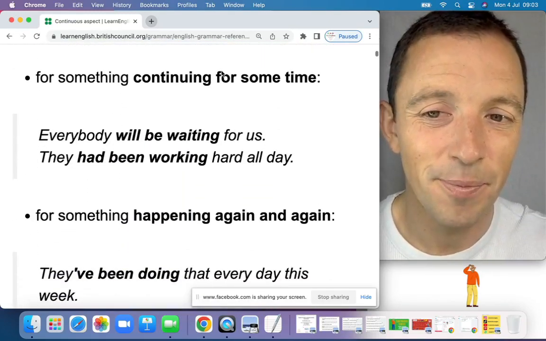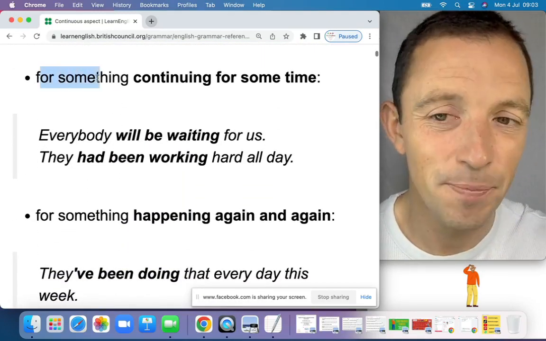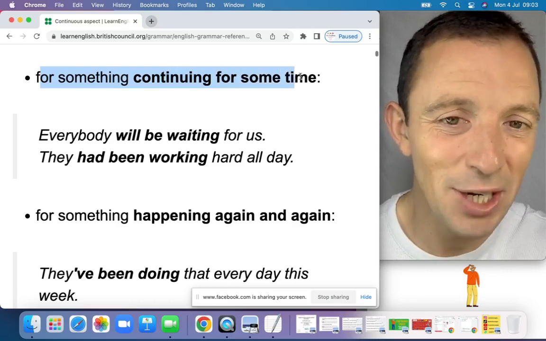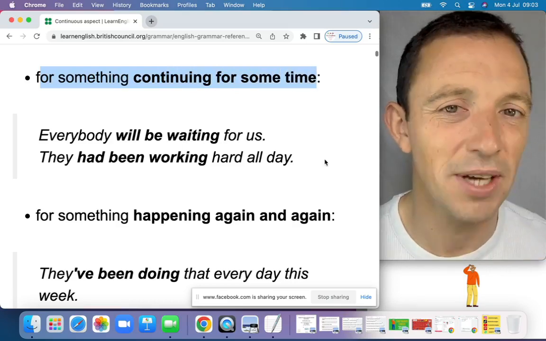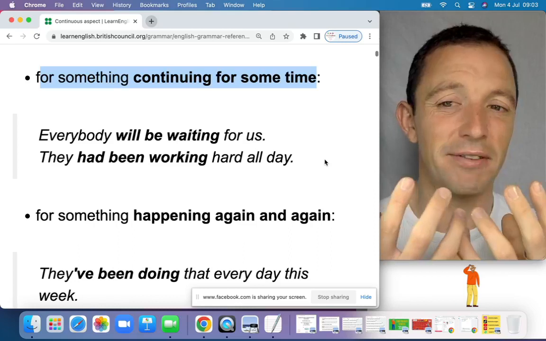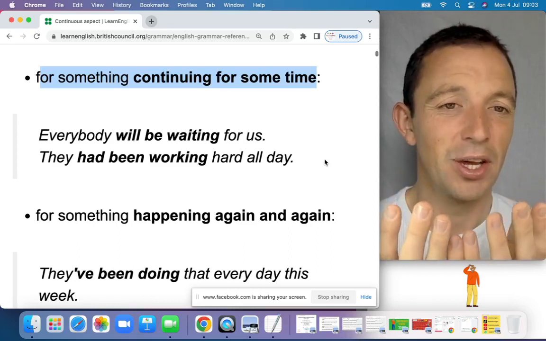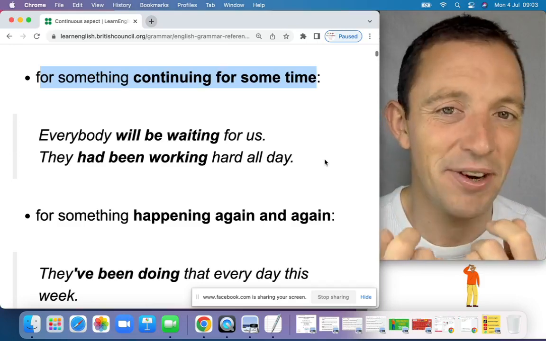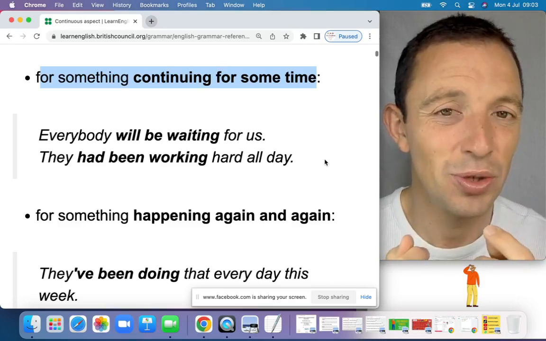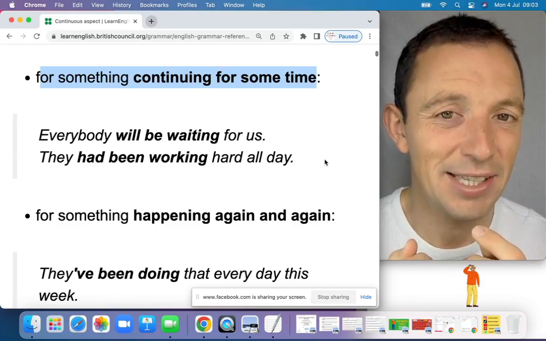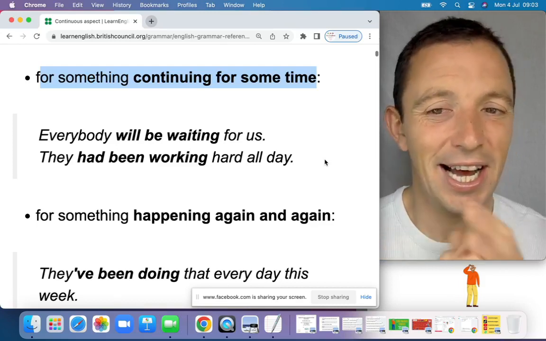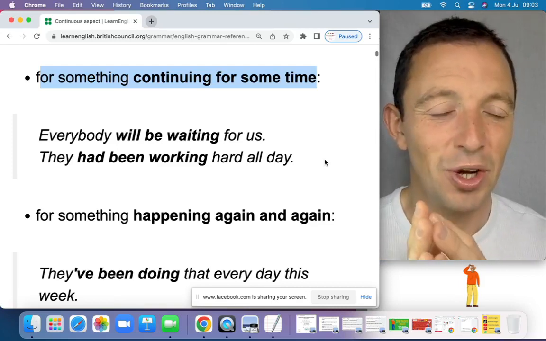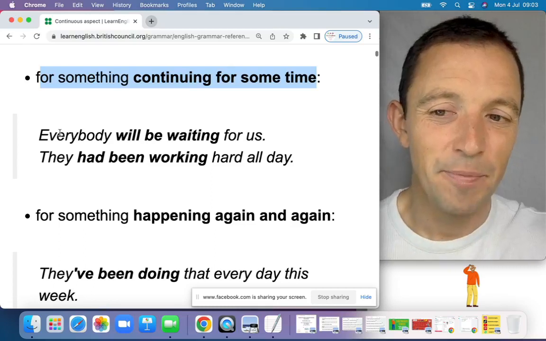Number three, we use the continuous for something continuing for some time, for a particular quantity of time. When something is continuing, we use the continuous aspect. And again, this is very, very similar to the previous two explanations. Very, very similar and almost the same. So let's look at the first example.